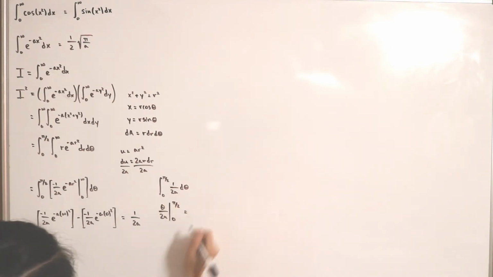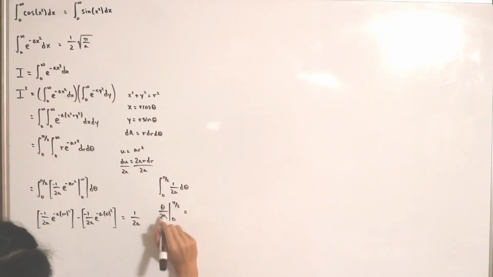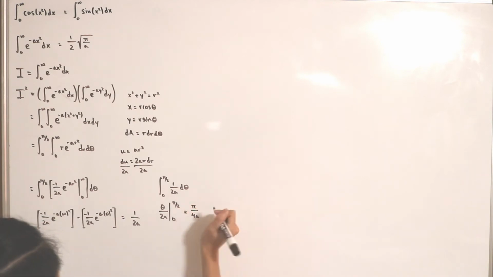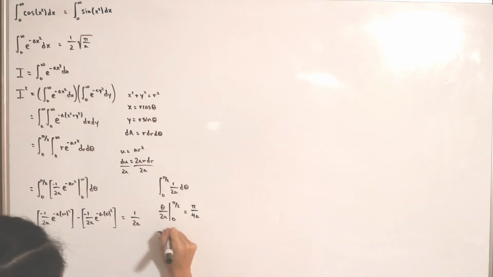And simply, when you plug 0 for theta, this is just going to be 0, and you plug pi over 2, so it's pi over 2 divided by 2a, which is the same thing as pi over 2 multiplied by 1 divided by 2a, which is just simply pi over 4 divided by a. But that's only equal to I squared, so I squared is equal to pi over 4a.